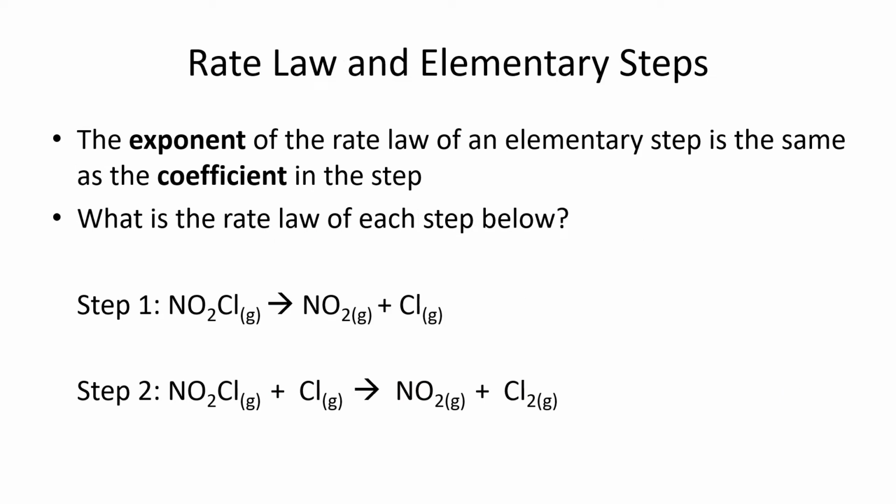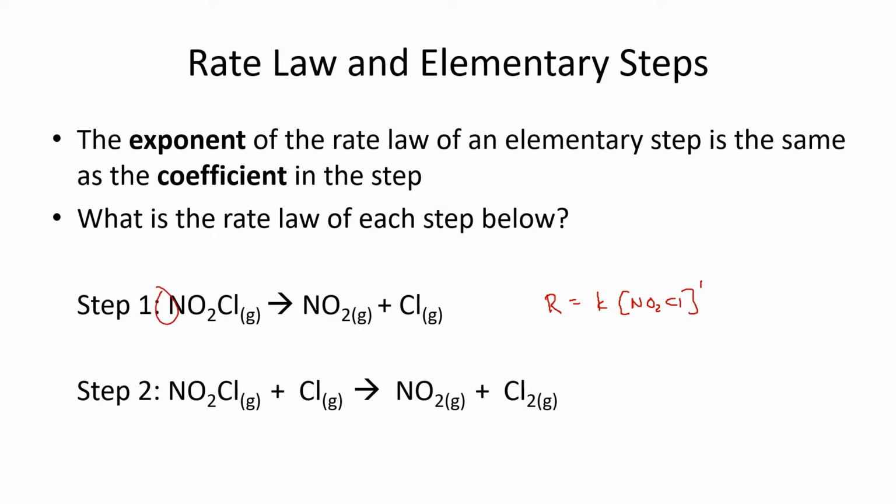Another neat thing about a reaction mechanism is that the coefficients in the elementary steps will match the exponents in the rate law for that step. So if we're looking at step 1 here, the rate law would be R equals some constant times the only reactant, NO2Cl, and since that's an invisible one there, it'd be an invisible one here.